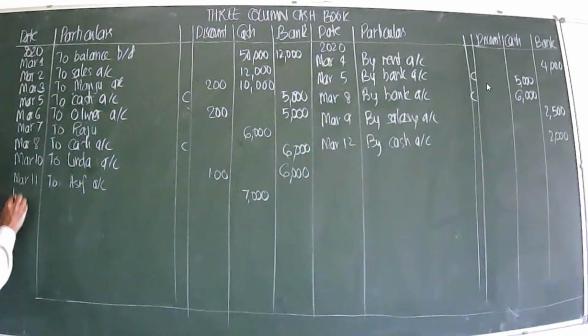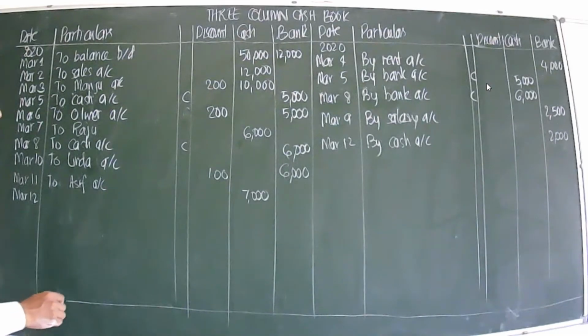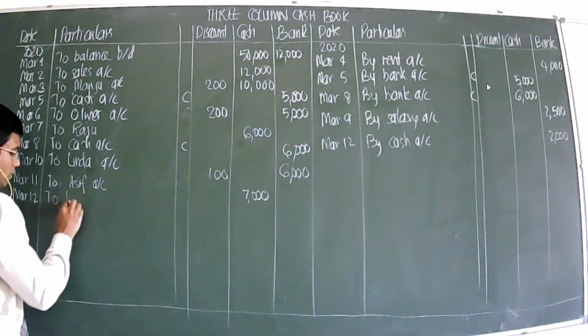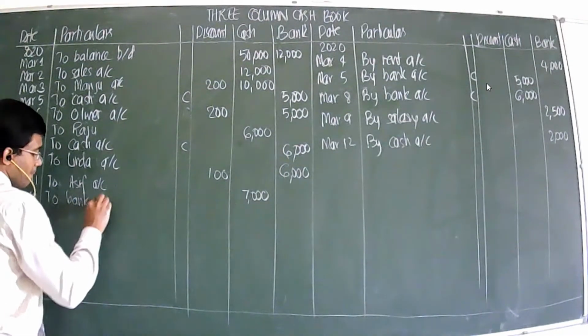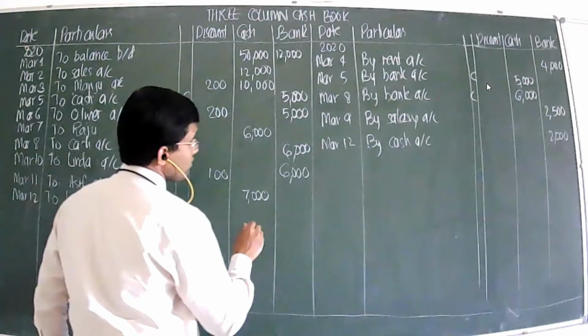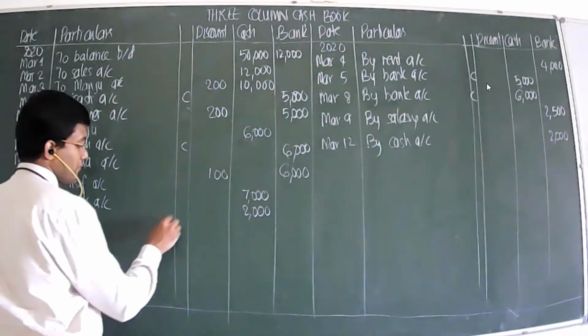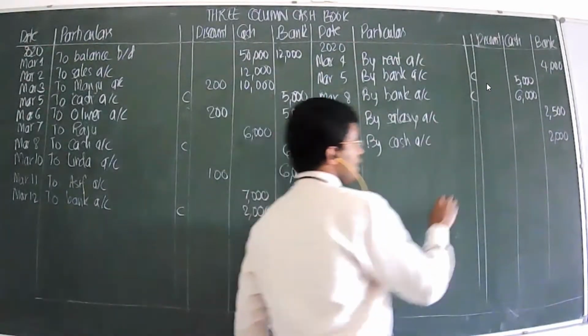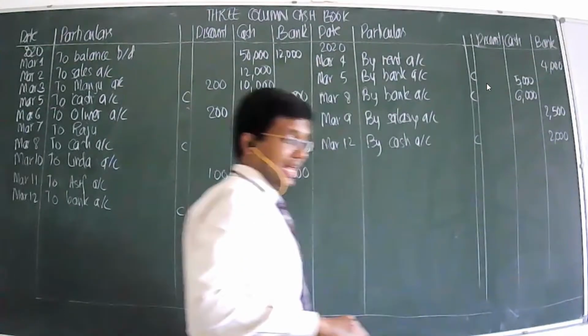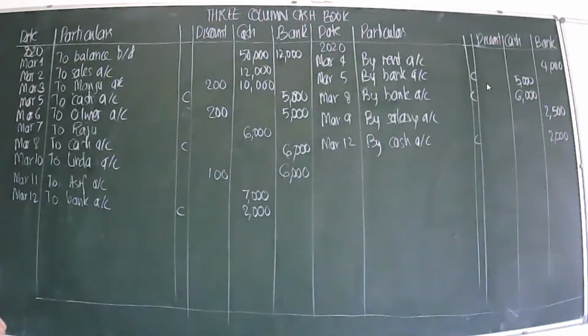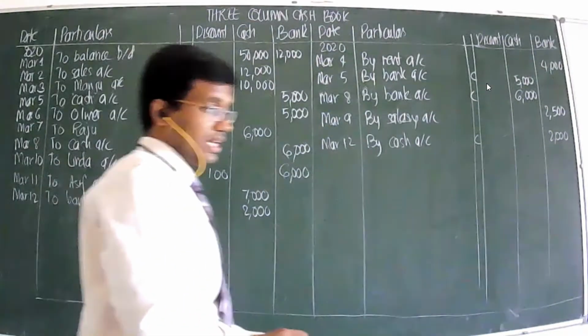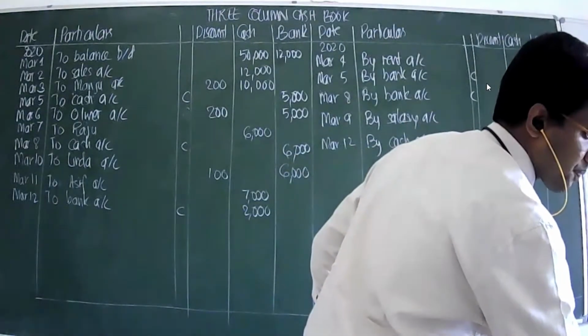Now, for that day itself, cash is coming into your business. So to bank account, and amount is 2,000. Okay. Now remember, what type of entry is this? This is contra entry. You have to denote it with a letter C. Okay. Since it's contra entry, we will denote it with letter C.